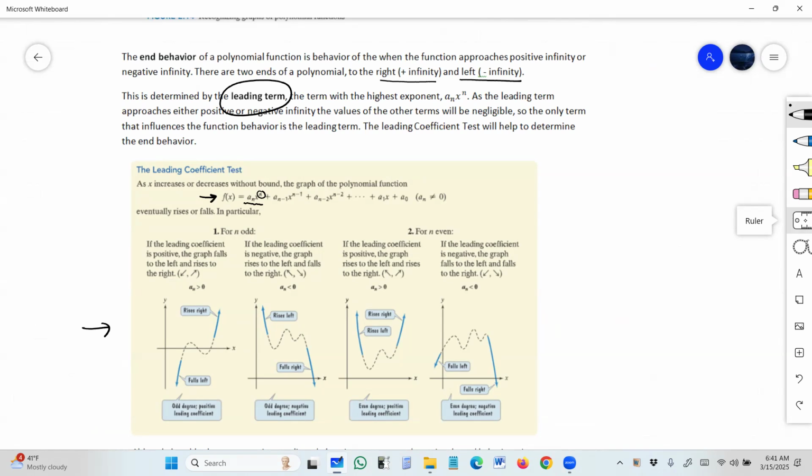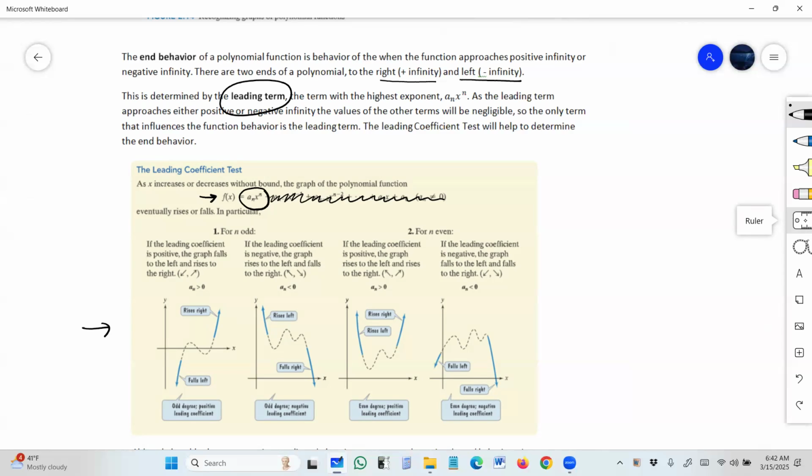So to determine the end behavior of a polynomial, all I have to do is look at the leading term. I completely ignore the other terms because as x approaches positive or negative infinity, the polynomial is going to be determined by the leading term because it has the highest exponent. The others will become negligible.